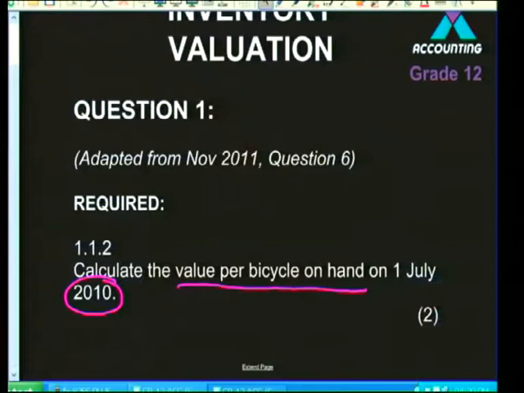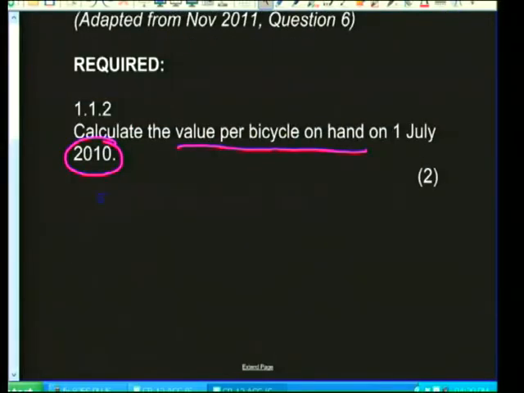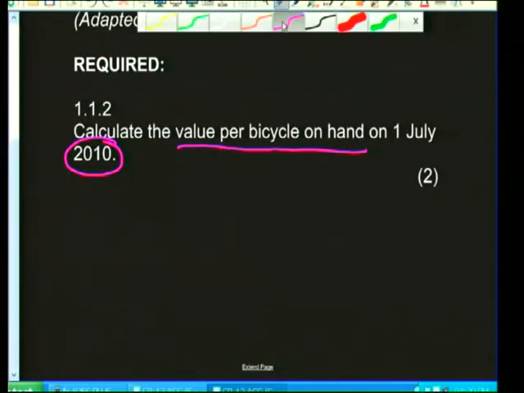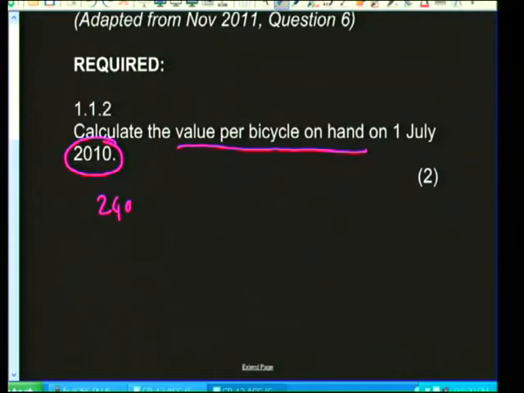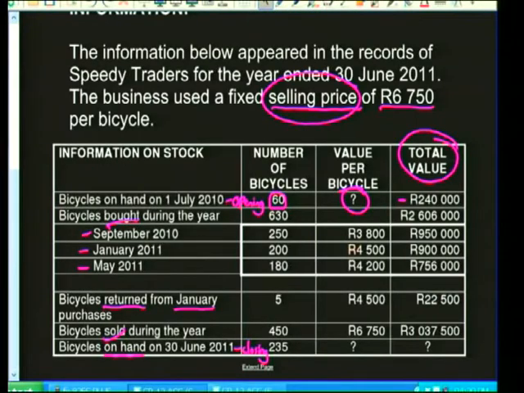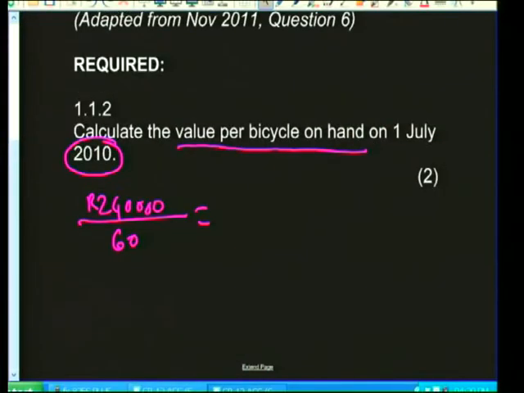Well, it's quite easy. All that we need to do is take the 240,000 Rand that we have, and divide it by 60 bicycles. That will give us the cost price of one bicycle on hand. You can see that 60 bicycles are worth 240,000, so one bicycle is simply going to be 240,000 divided by 60.